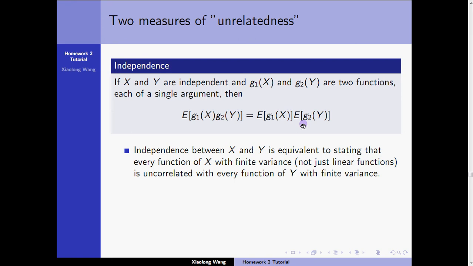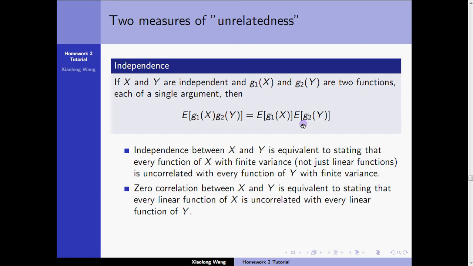If we compare this to zero correlation or zero covariance between x and y, zero correlation is equivalent to stating that every linear function of x is uncorrelated with every linear function of y. So independence is a much stronger property of x and y than zero correlation.